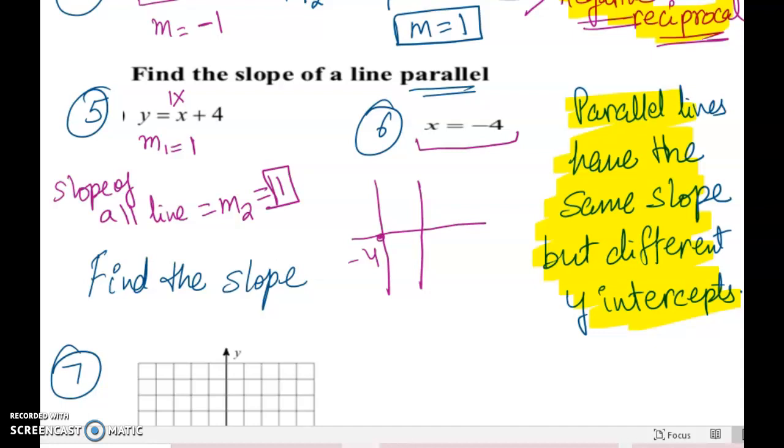Right? X is equal to -4. I need a line parallel to this one. It is a vertical line, right? This is vertical. And a line parallel to a vertical line will also be a vertical line. If it is a vertical line, then the slope of a vertical line is undefined.